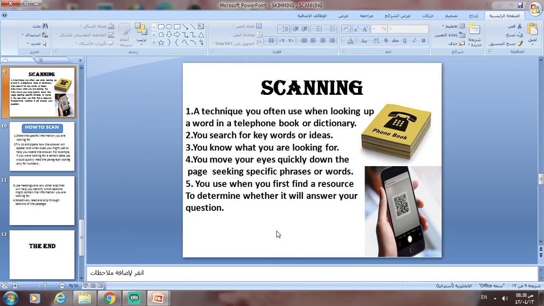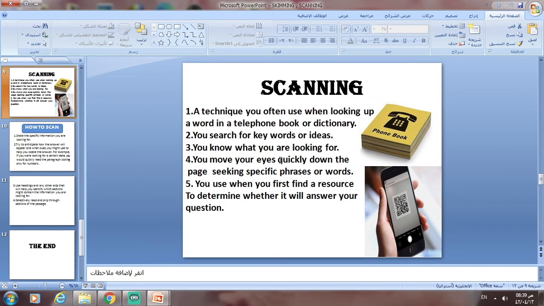So here are examples of scanning. For example, if you want to search for a name in the telephone book, you have the name in your mind and you go to the telephone book and you search for the name only.